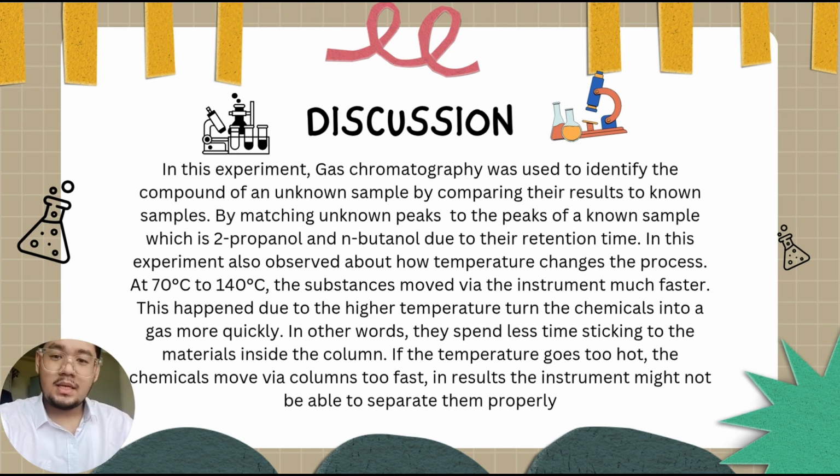In other words, less time is needed for the materials to stick inside the instrument. But we cannot apply a temperature higher than 140 degrees because the gas will move through the instrument too fast. So what happens? As a result, the instrument might not be able to separate them properly.